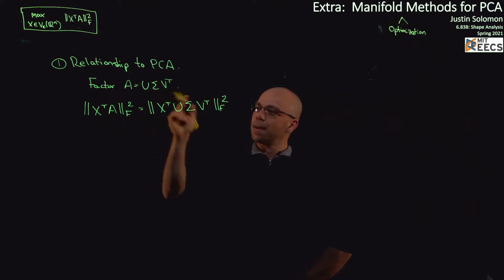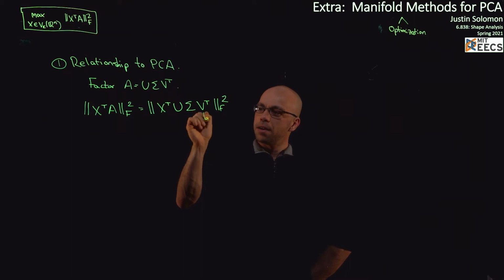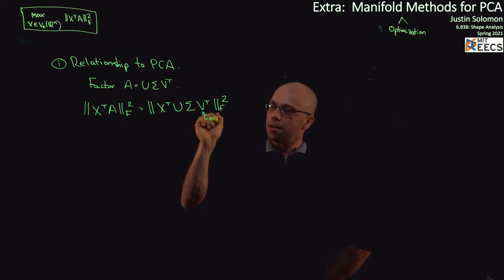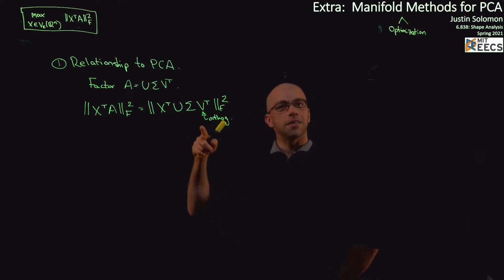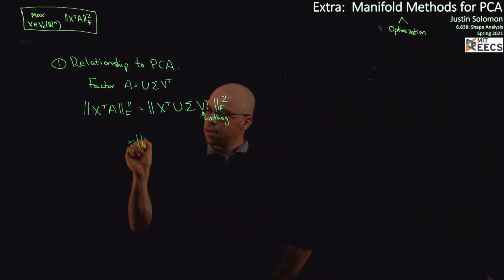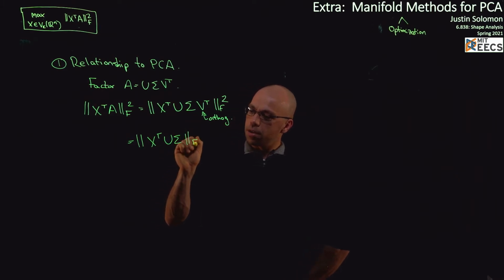We can always do that. If you multiply a matrix by an orthogonal matrix, or a matrix with orthonormal columns, that doesn't affect the Frobenius norm. That's just a linear algebra exercise. So this is in fact equal to the norm of X transpose U sigma, assuming that V is square.